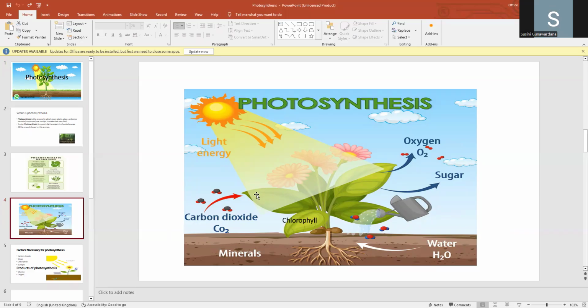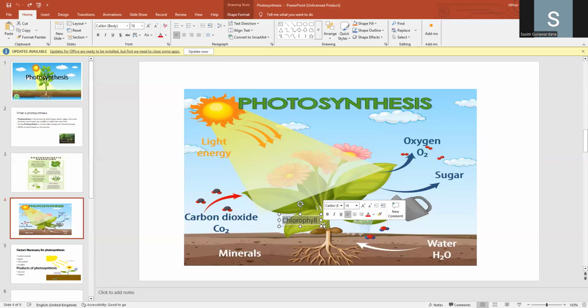Plant leaves have small pores or hole-like structures called stomata. Through these stomatal openings, gases like carbon dioxide enter the plant leaf. Also, plant leaves are green in color. What is the reason for this green color?